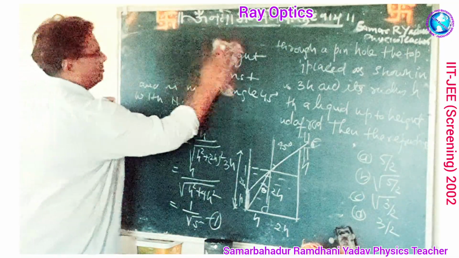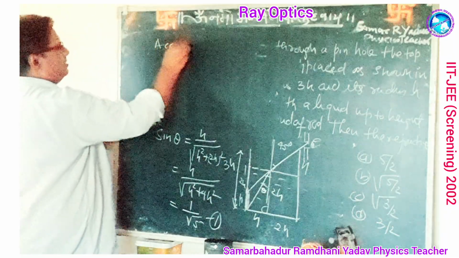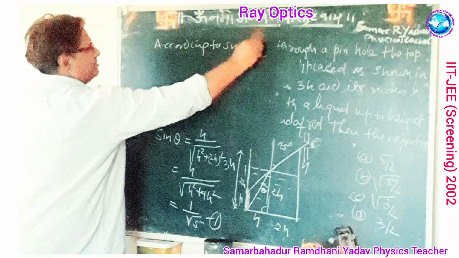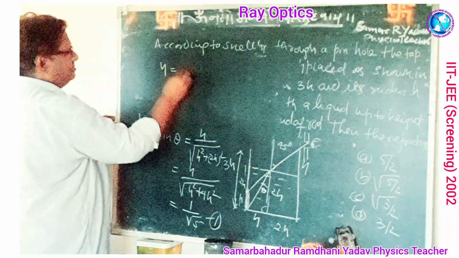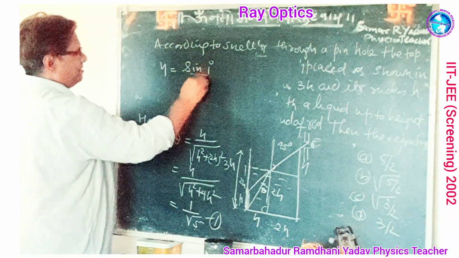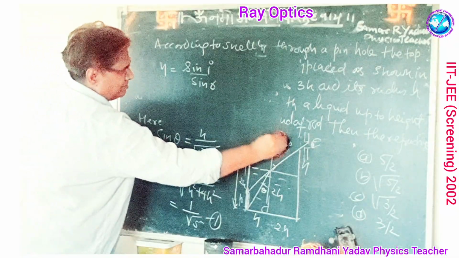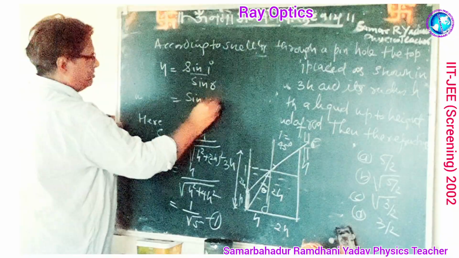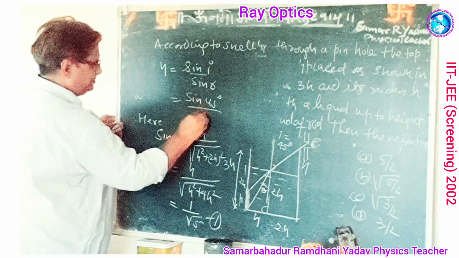Now according to Snell's law, n is equal to sine i upon sine r. Here i is equal to 45 degrees, so you can write sine 45 degrees divided by sine theta.